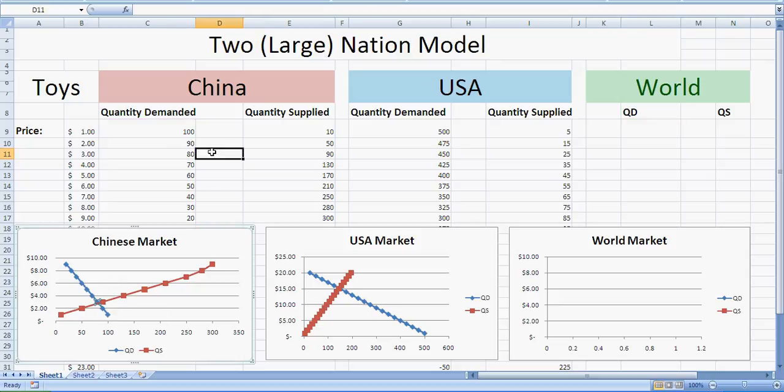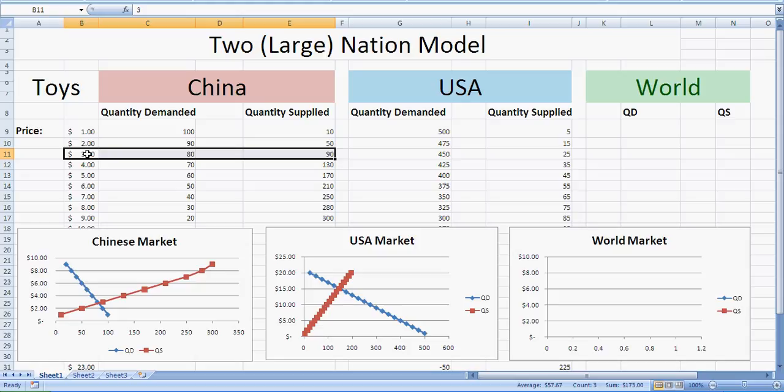And we can go up in the table here and see, based on these three columns, that the equilibrium price would be just a little bit under $3, because at $3, 80 toys are demanded and 90 toys are supplied. Here we have too little demand and too much supply. So we need to increase demand a little and decrease supply a little to make them equal, which means we need to lower the price just a little bit.